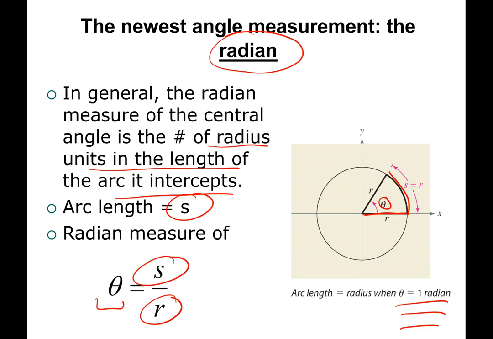If you divide the length of the arc s by the length of the radius and you get more than 1 radius length, you're going to have a measurement greater than 1 radian. And if you get less, you're going to have a measurement that's less than 1 radian. But again, if the length of the radius is exactly equal to the length of the intercepted arc, that's exactly 1 radian, and then it will be bigger or smaller accordingly.